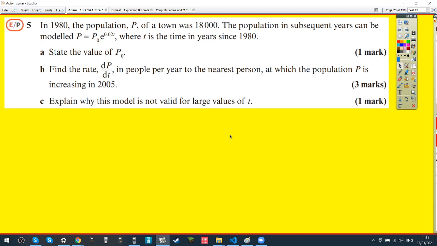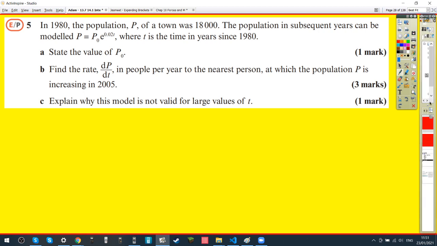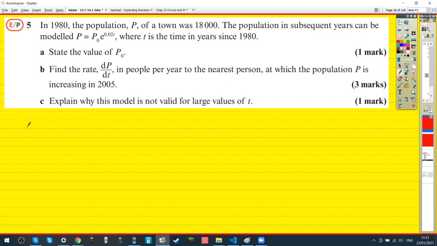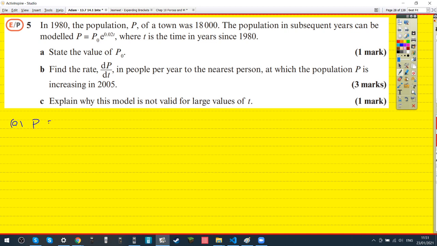That's p naught. It says it there, p naught e to the 0.02t. Let's say replace with A. So P equals A e to the 0.02t. What is A for this one?